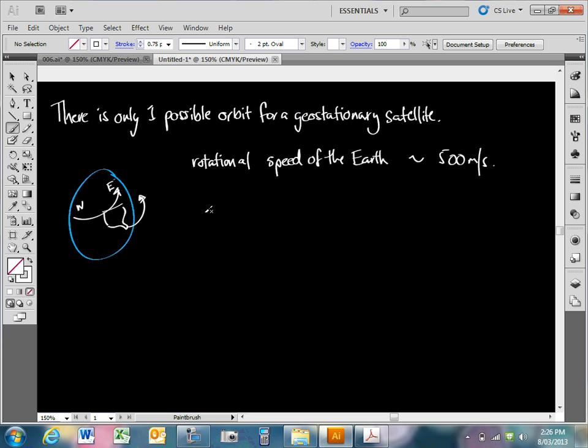So, what am I getting to here? The rotation of the Earth provides some of the initial velocity relative to space, remember.